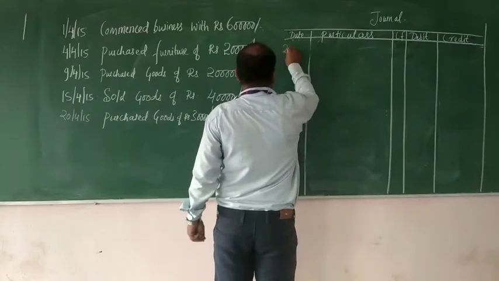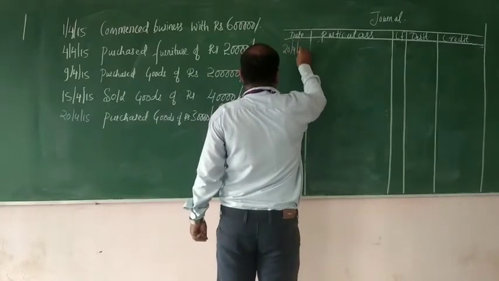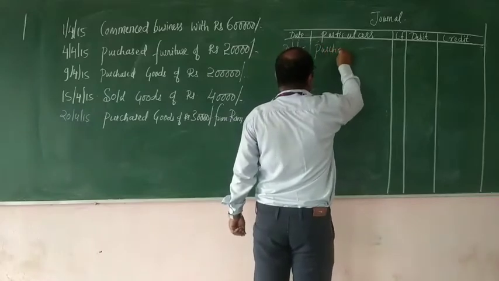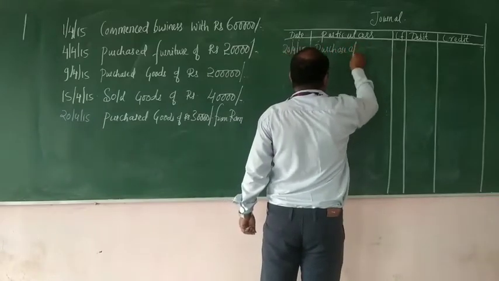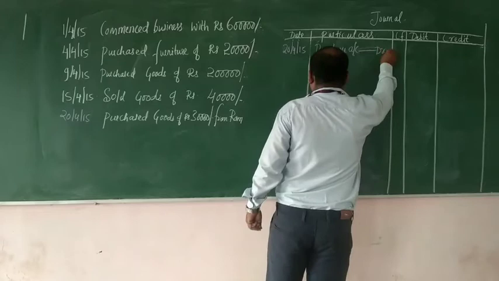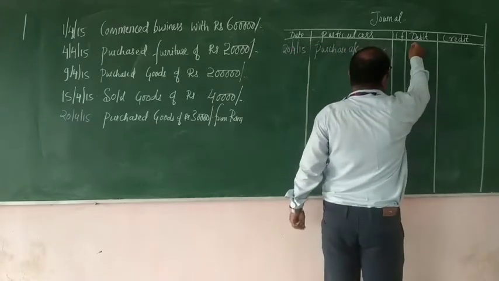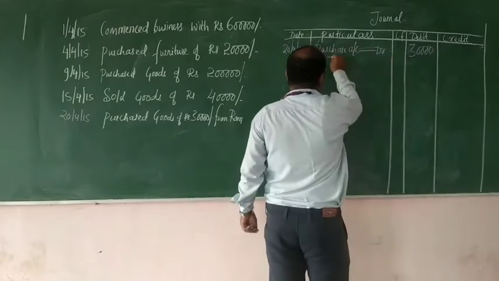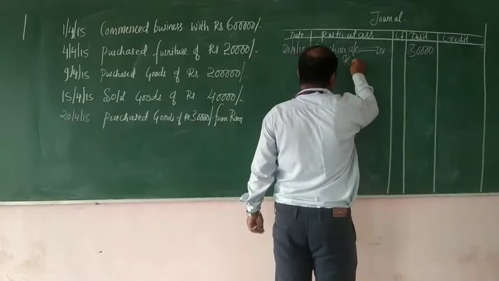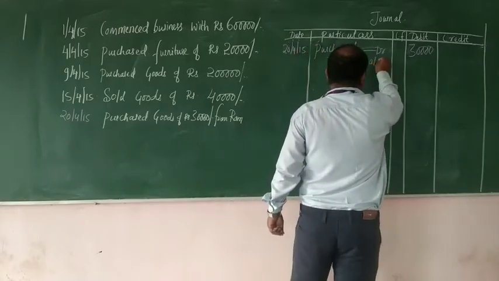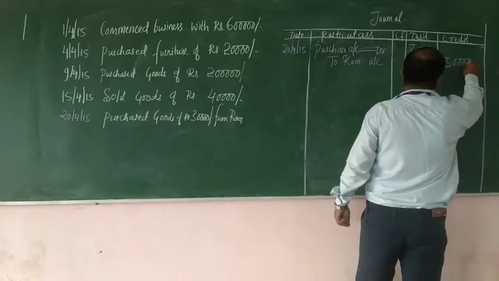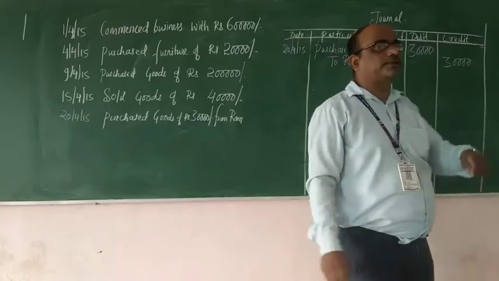So 24/4/2015, purchase account debit. How much? 30,000, to Ram account. So this is a credit transaction. Here there is no immediate transfer of cash.